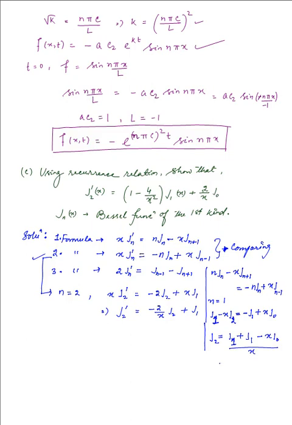So what we get is the value of J2 equal to 2 J1 over x minus J0. This is the value of J2 that we have obtained. We'll be using it.